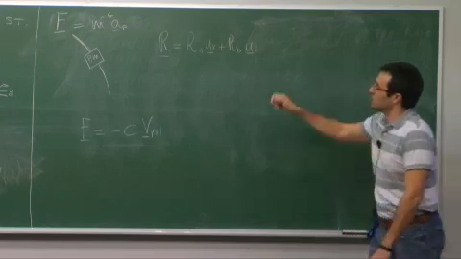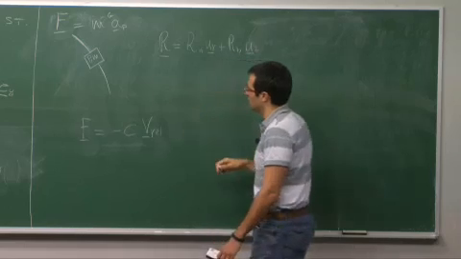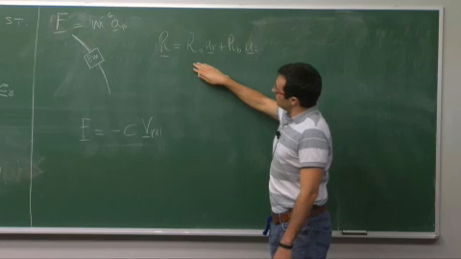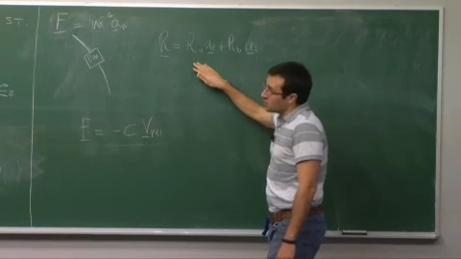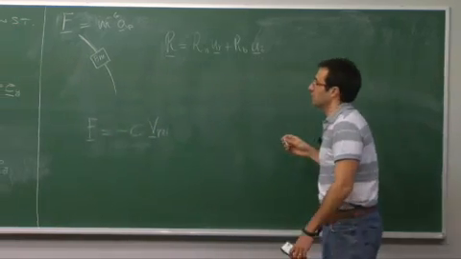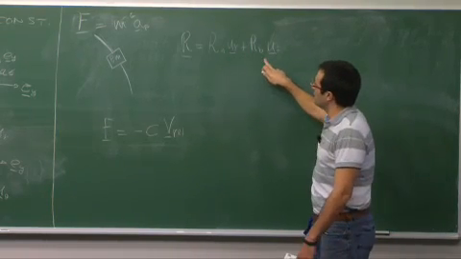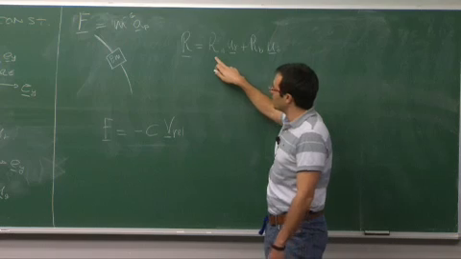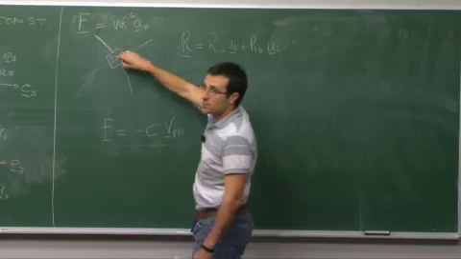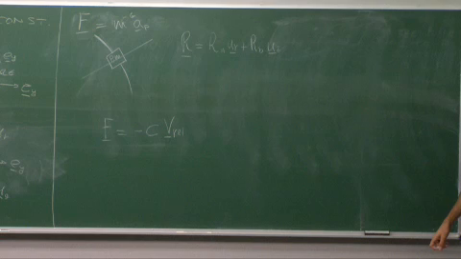Remember what we talked about: I'm treating this guide, this ring, as a line, and so we introduced the intrinsic coordinates. Actually, this is an intrinsic coordinate, very similar, so why don't we use it? The reaction in general is unknown, but it can have a component along the radial direction and in this direction. It can, right?